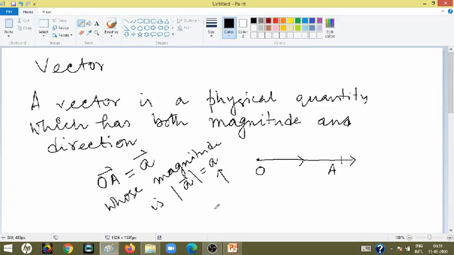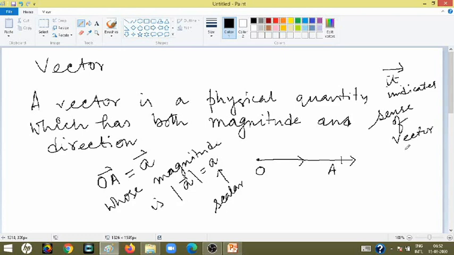This is a scalar quantity. Now the arrow indicates the sense of the vector.